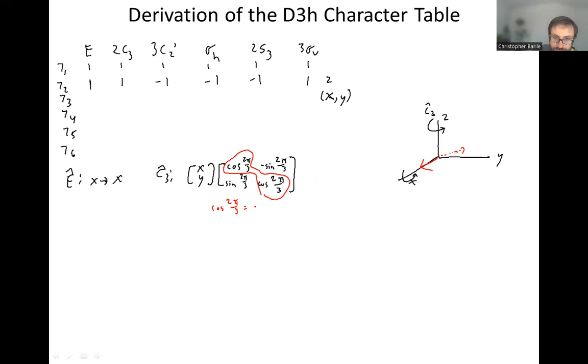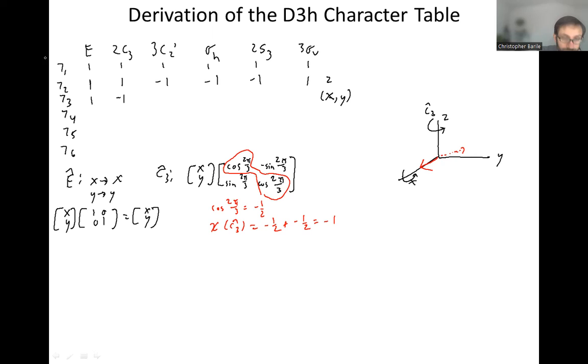Cosine 2 pi over 3 is negative 1/2, so the trace of our matrix is negative 1/2 plus negative 1/2, which is equal to negative 1. So we actually get a value of negative 1 here, something unique already. What this tells us, though, is because x and y transform together, we have to treat them as 2 by 2 matrices. So x goes to x, y goes to y. So really for identity, we need the identity matrix explaining how x, y goes into x, y.